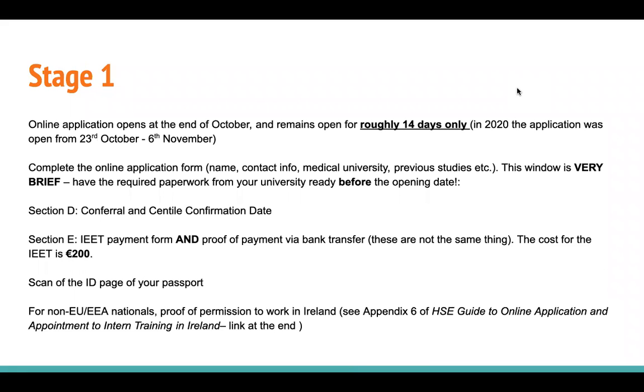So, contact information, name, all that sort of stuff, the 2 forms, Section D and Section E, and a scanned copy of your passport. These are all the things you need to have ready for the day of the application, and it's all done online. You upload everything and send that away, and that's basically stage 1 complete, and you have 14 days to do that.